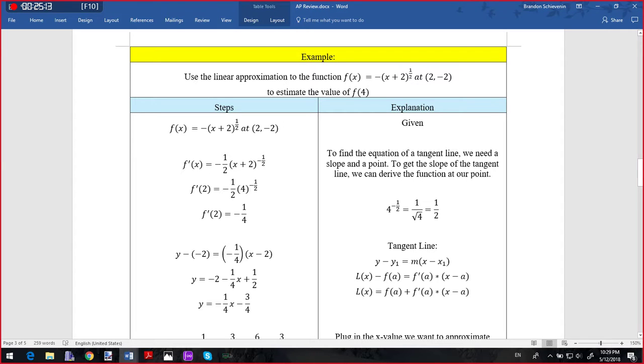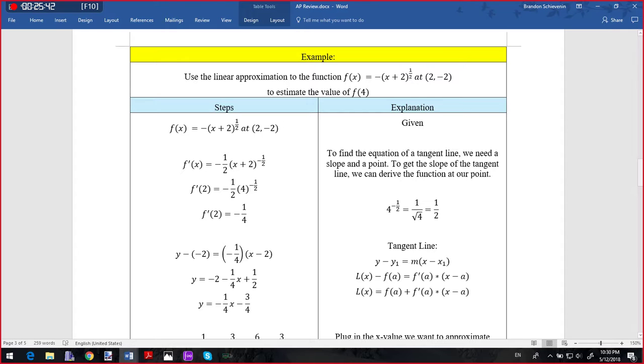Then I'm going to plug in my x value to figure out what the slope at 2 is. If I plug in 2, I've got 4 raised to the negative 1/2. If I have a negative exponent, I can move that to the bottom of a fraction. So this is really negative 1/2 times 1 over square root 4. The square root of 4 is 2, so this is negative 1/2 times 1/2, which is negative 1/4. Okay, any questions on how we got the slope?